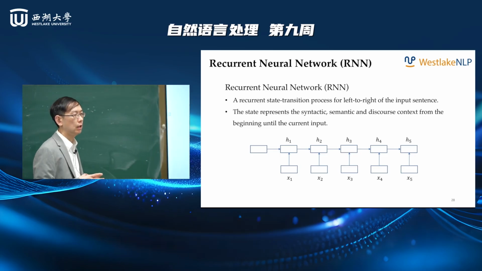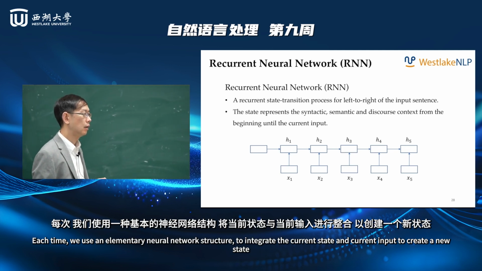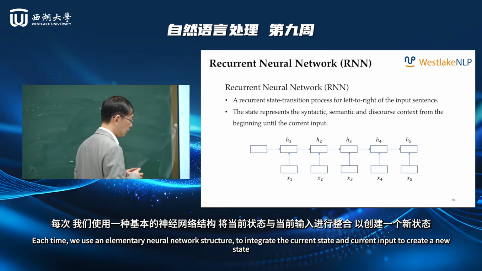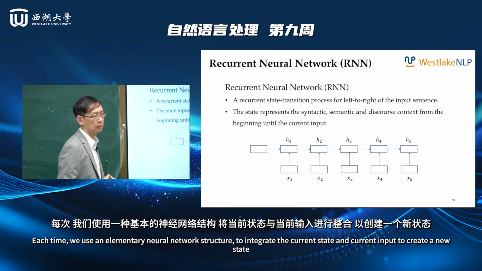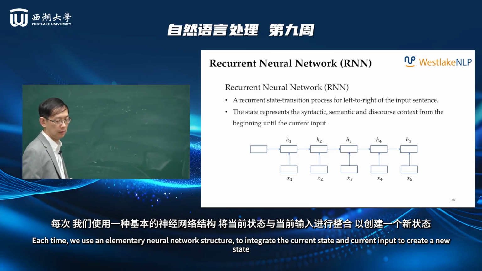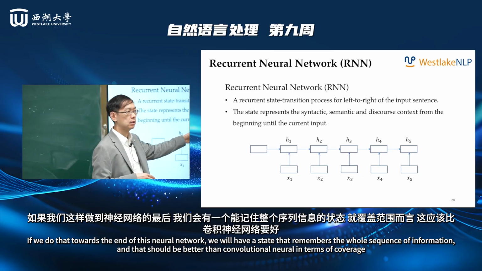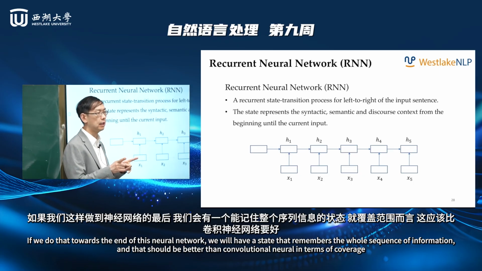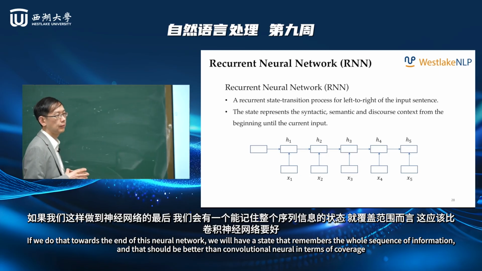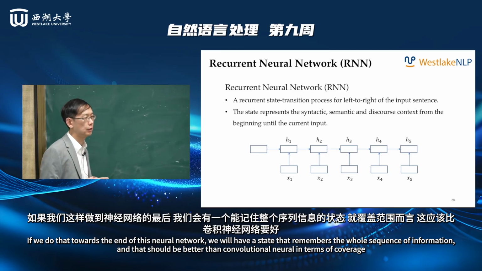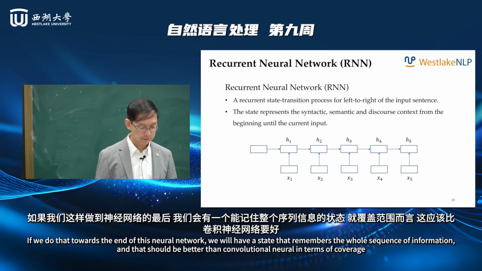Each time we use an elementary neural network structure to integrate the current state and the current input to create a new state. If we do that, towards the end of this neural network, we will have a state that remembers the whole sequence information. And that should be better than a convolutional neural network in terms of coverage.